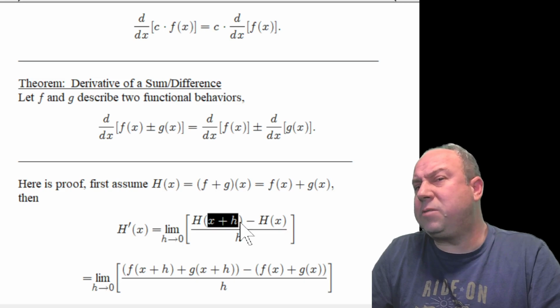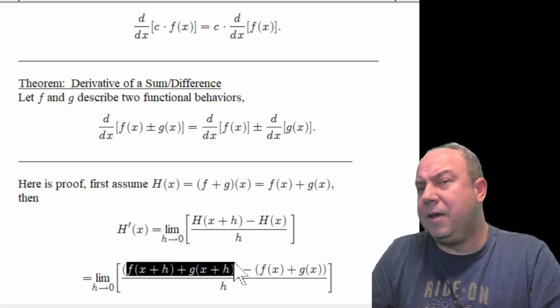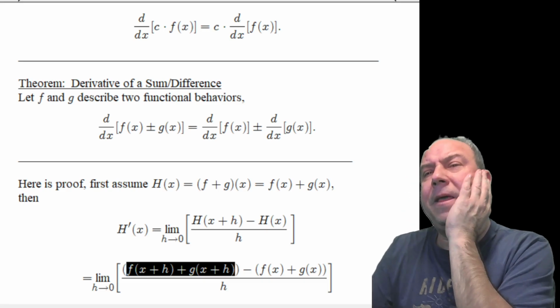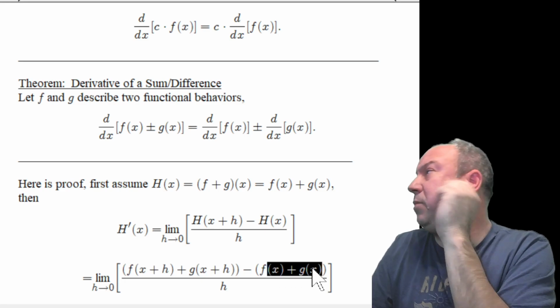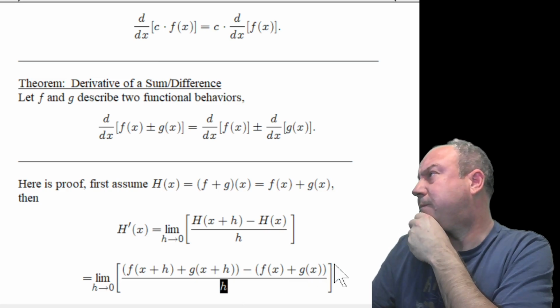Where if I think about what's big H at x plus h, it would be substituting x plus h into both of these values for x in that statement. That produces f of x plus h plus g at x plus h. And we'd be taking away h of x, which was f of x plus g of x, and all that would be divided by h.